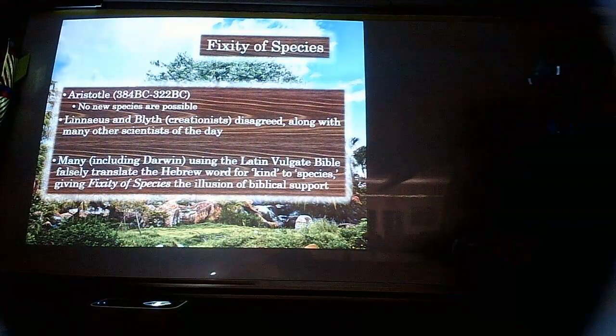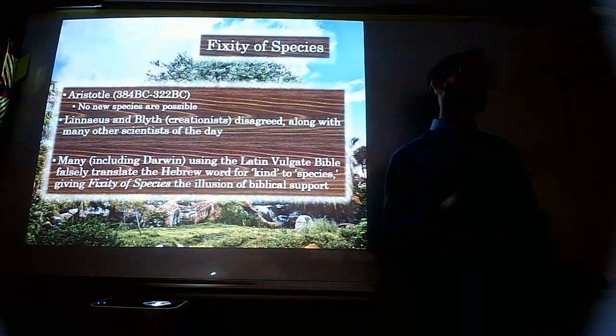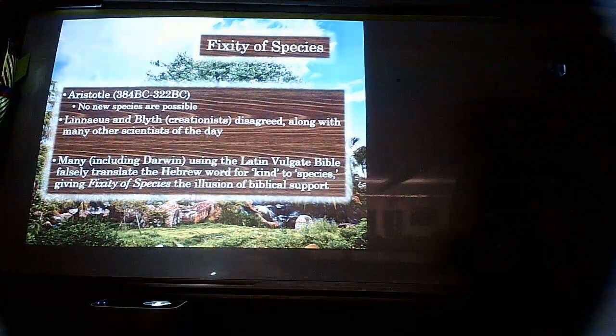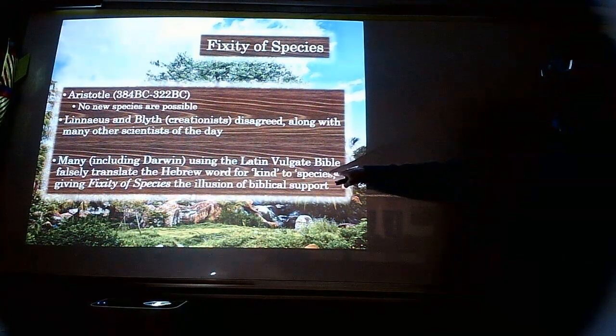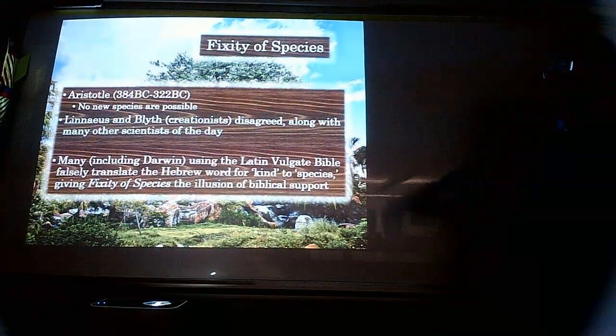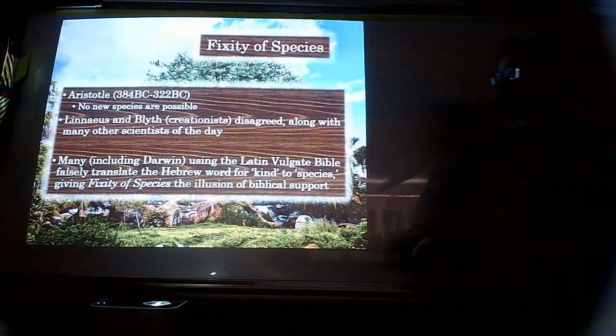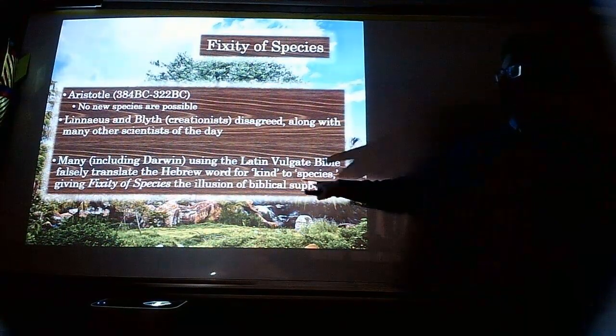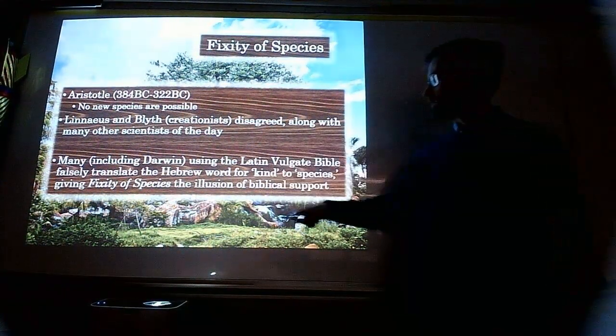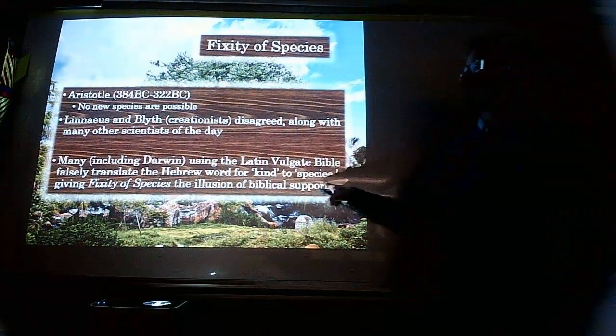Now, one of the reasons that a lot of people thought that evolution disproved the Bible was because of this piece of information here. Many people in Darwin's day used the Latin Vulgate Bible, and they falsely translated the Hebrew word for kind, which the Bible uses, to the word species.